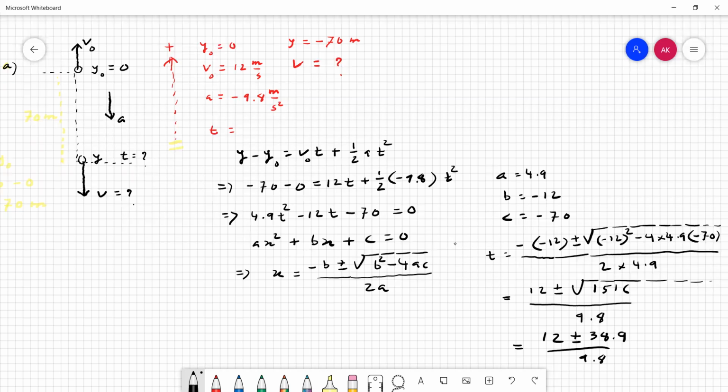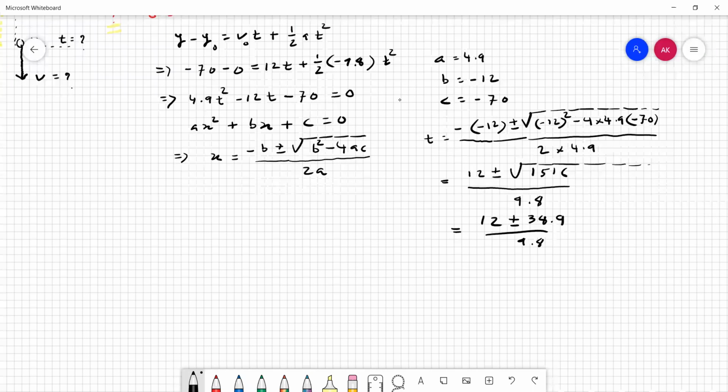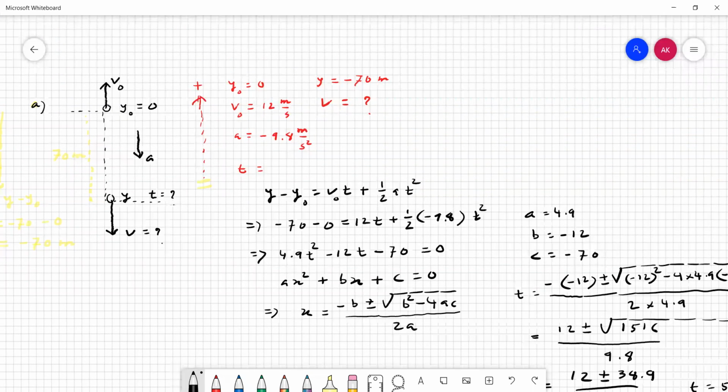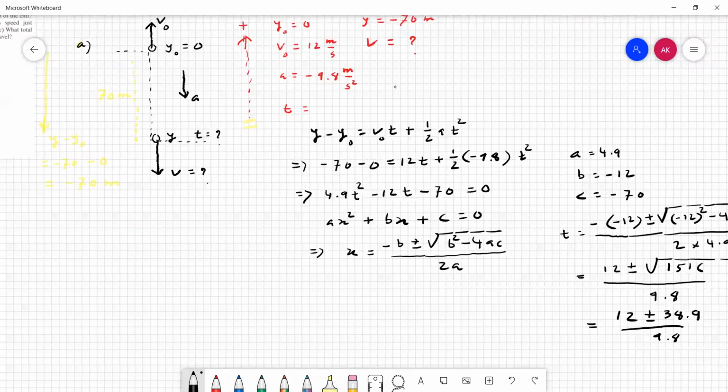We can use 5.2. So t is 5.2 seconds. So we found the entire time for the ball to reach the ground, which is 5.2 seconds.